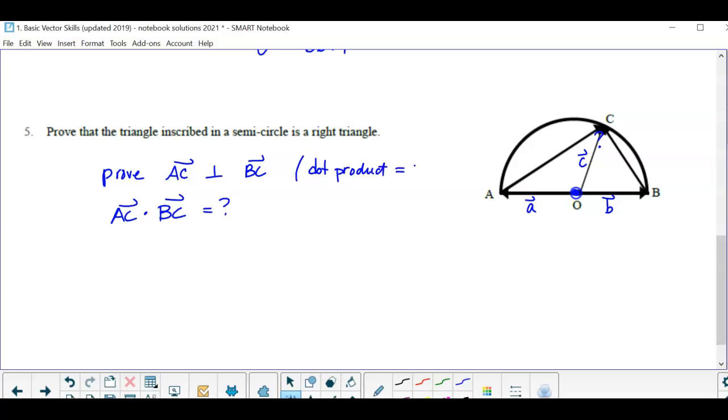The dot product will equal 0 if the vectors meet at 90 degrees, which would then make the triangle a right triangle.